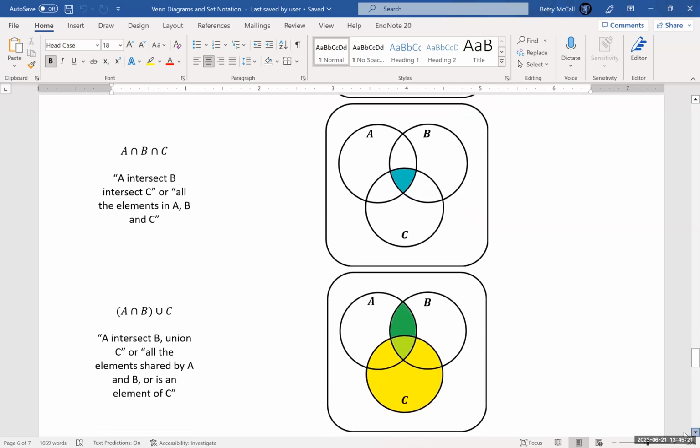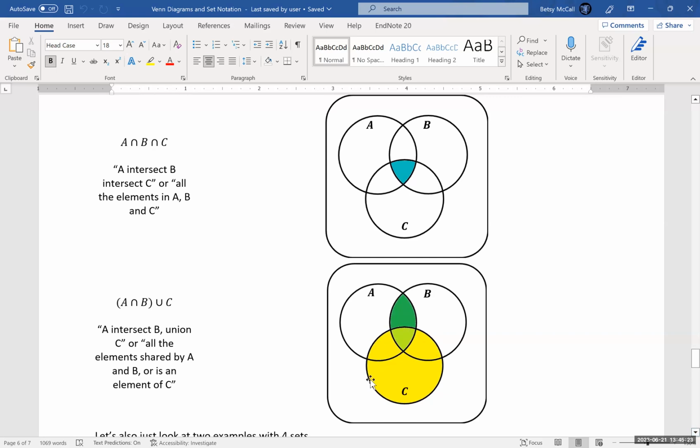And again, what I've done with the shading here is I've colored C all yellow, and then the intersection of A and B, I've colored that green. And then where they overlap would be their intersection, and if it's a union, it's any part of the shading.